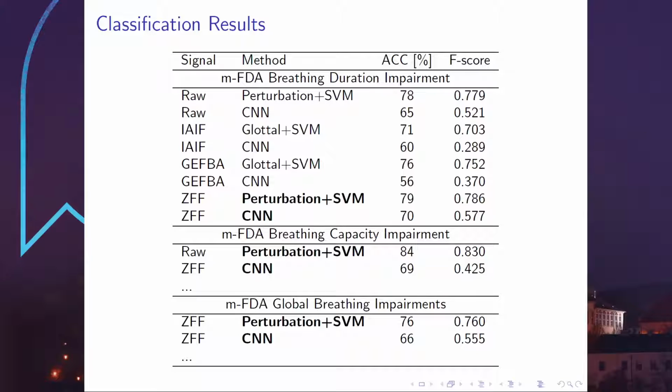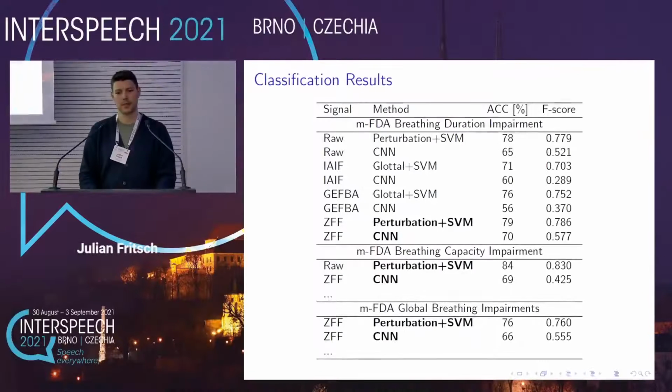In the next column is the method that we're using, so perturbation features, glottal signals, CNNs, and we're evaluating accuracy and F-score. I highlighted the best results, which we received with the ZFF filtered signals and perturbation features, reaching a performance of 79%, and CNN with ZFF filtered signals an accuracy of 70%.